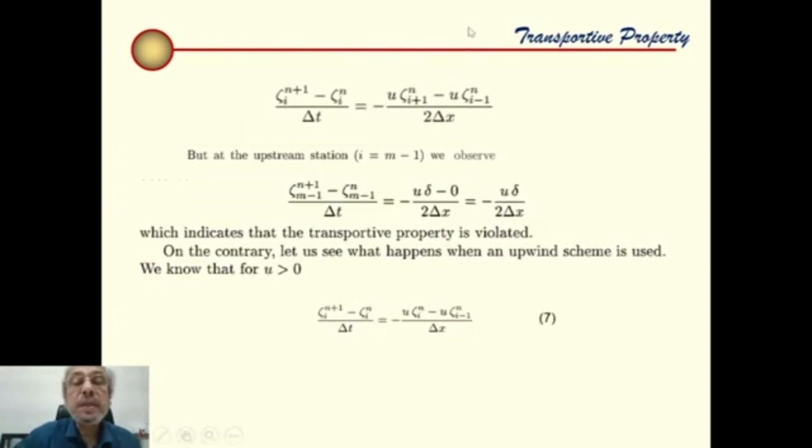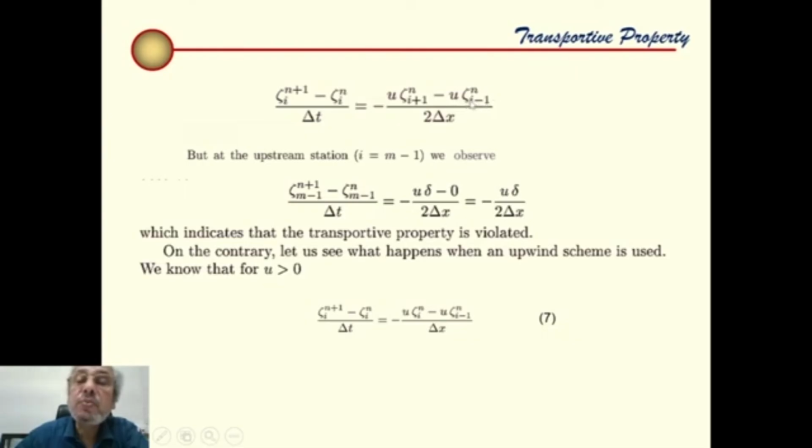Again, I have retained the same form of equation at the m minus 1th point. So again I is substituted by m minus 1, and u zeta should be substituted by m minus 1. So m minus 1 means this is m, and m minus 1 means this is m minus 2.